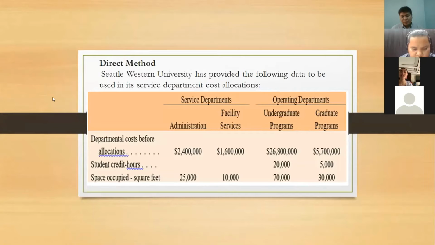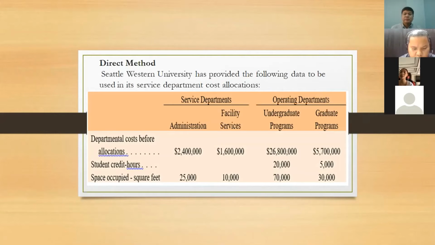In these exercises, we're using the direct method. Civil Western University has provided the following data to be used in its service department cost allocations. We have two kinds of departments, the service departments and the operating departments. In the service departments, we have administration and facility services.